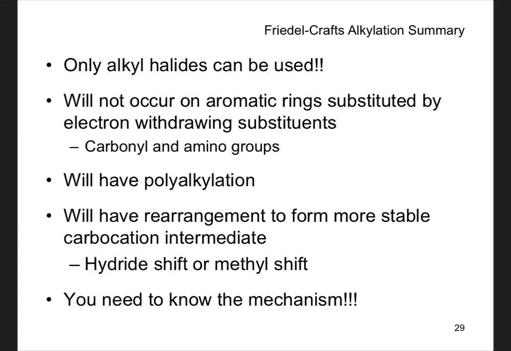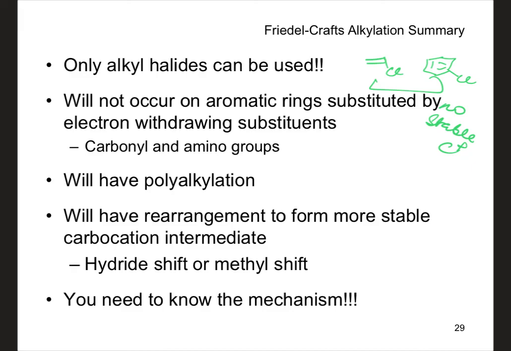So just to summarize, it's important to recognize here that only alkyl halides can be used. You cannot use the vinyl halides. You cannot use the aryl halides. It's important to recognize that because they do not form stable carbocations. So that was one thing.